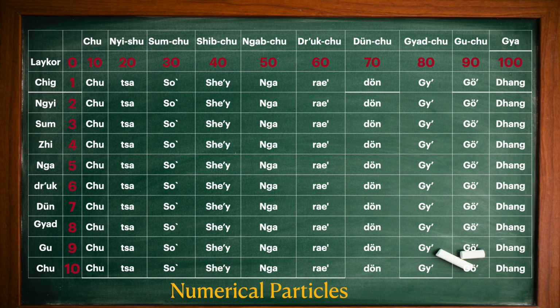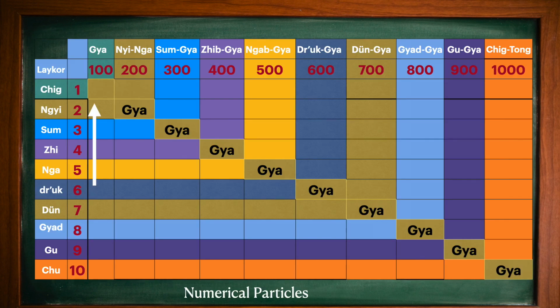Here's a table once again for you to get an overall picture. Finally, we have another table. Numbers are 100, 200, and so on. All you need to do is to add the numerical particle gya.